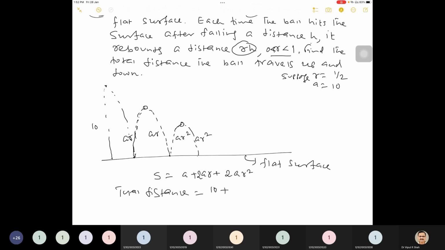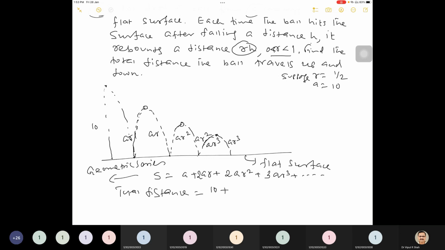Yes, sir. Then after that it will be say up to here, so it is ar cube, and so on. This is the geometric series that you are having.